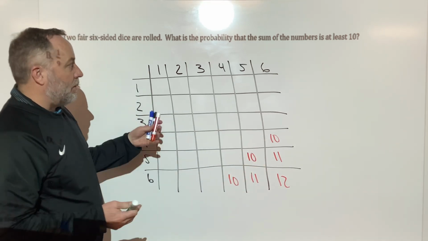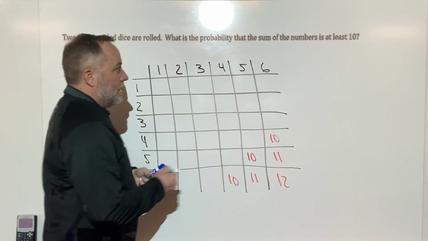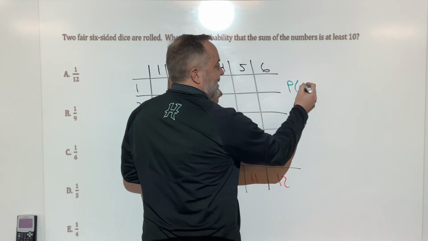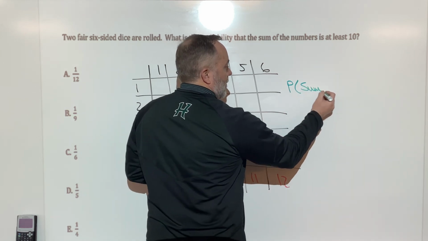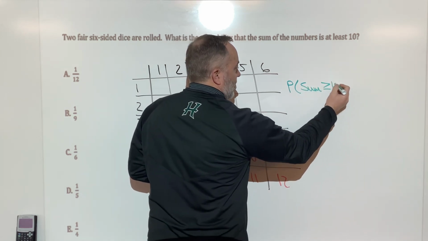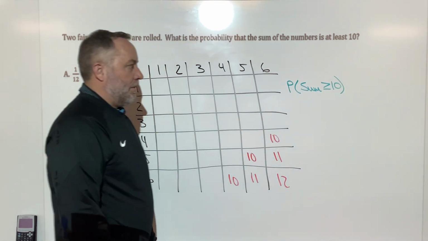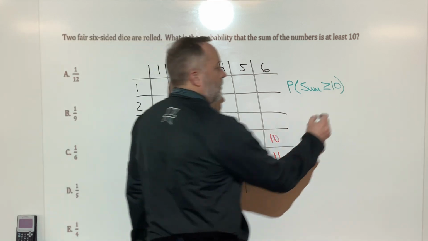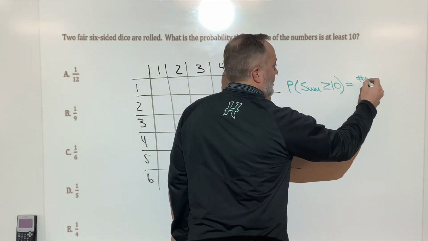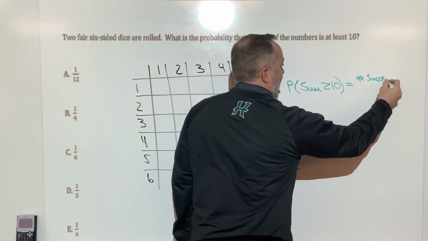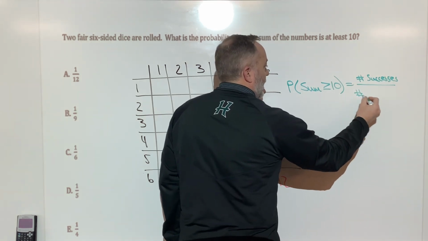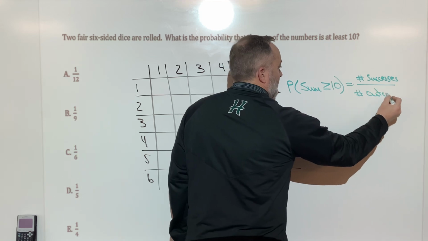Okay, so then the probability that we're looking for, so the probability, denoted P, that the sum is greater than or equal to, so at least 10, that's what we're trying to figure out. And that's just going to be the total number of successes, so how many times could that happen, divided by the total number of outcomes.